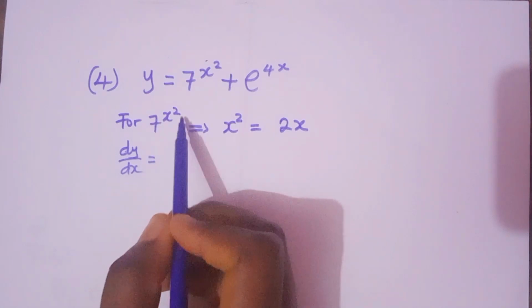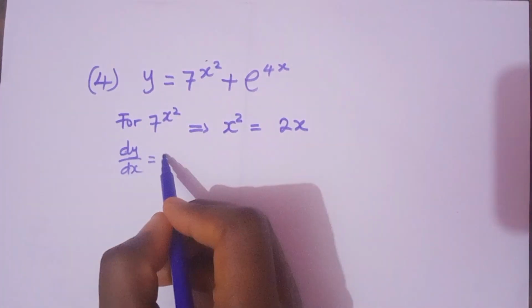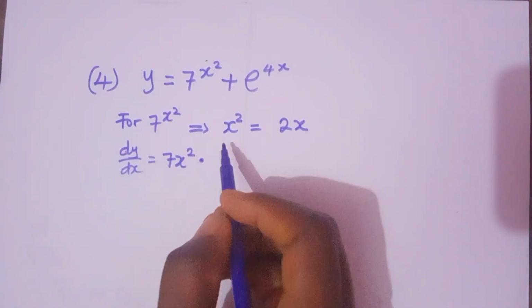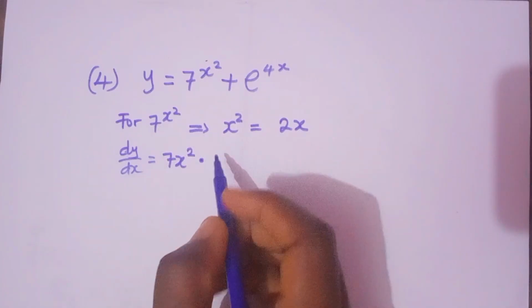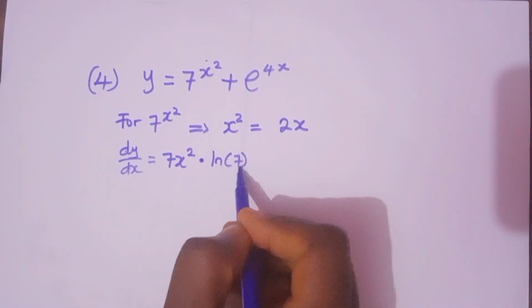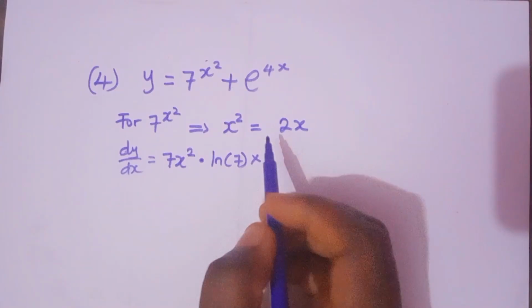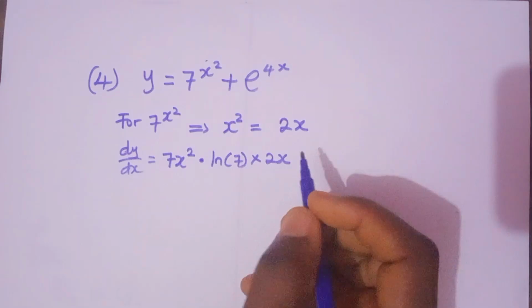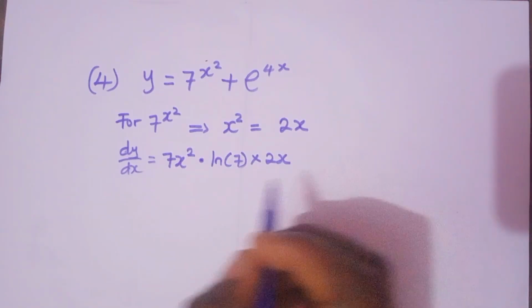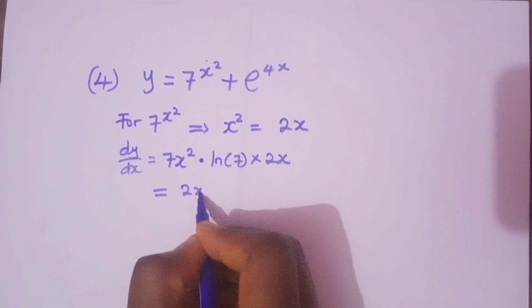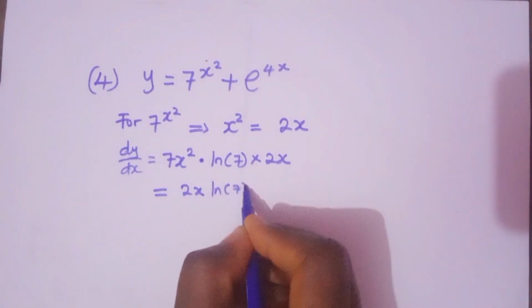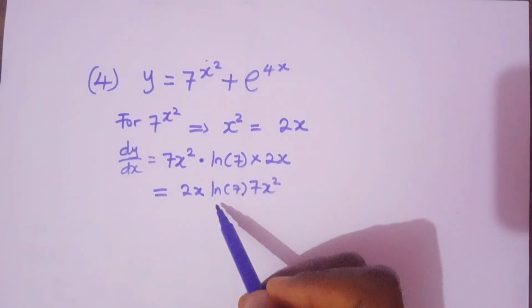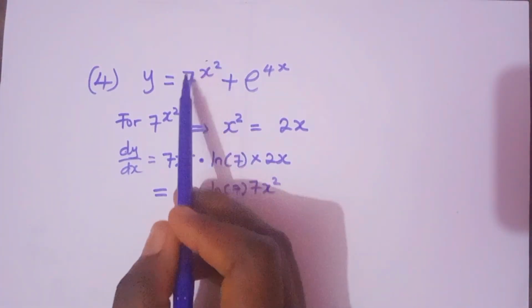First repeat the same function given, that is 7 raised to the power x squared, multiply by ln of that base, ln 7, times the differential of the power, that is 2x. So we now have 2x ln 7 times 7 raised to the power x squared. This one is for the first one.